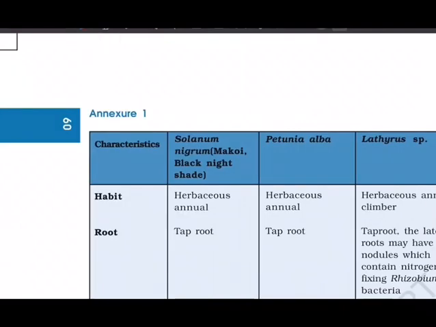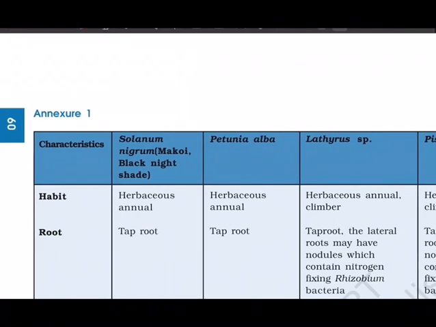Next we move on to the overall description. Since you have to talk right from habit, root and all that, there is a chart. Of course we will focus on one, that is Solanum nigrum. As you know, it belongs to the brinjal family, or sometimes you call it the potato family.